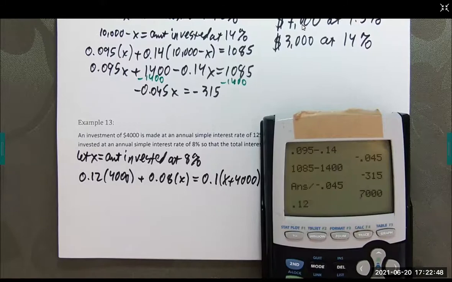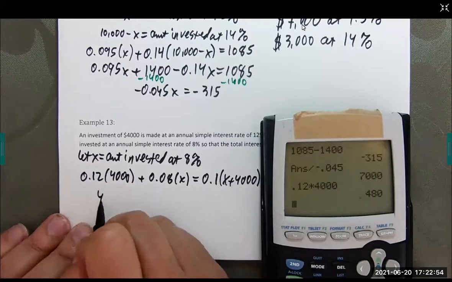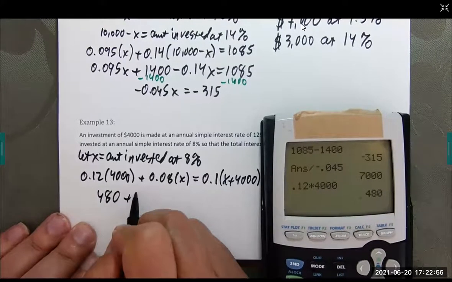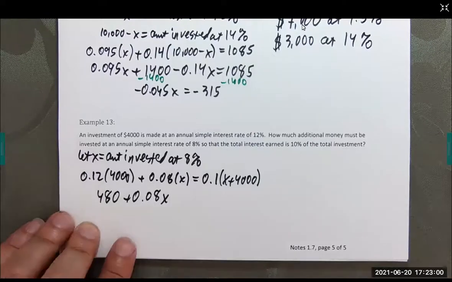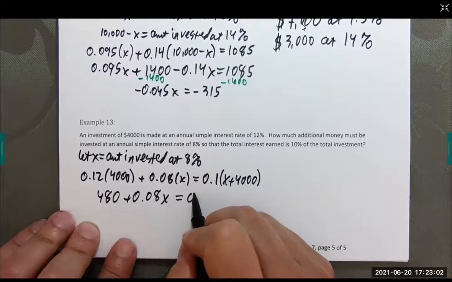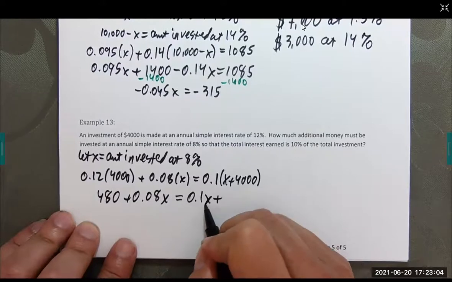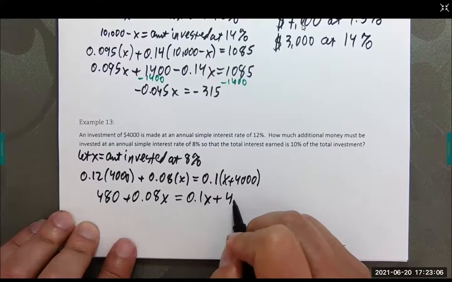0.12 times 4,000 is 480, plus 0.08x equals 0.1x plus 0.1 times 4,000, which is 400.